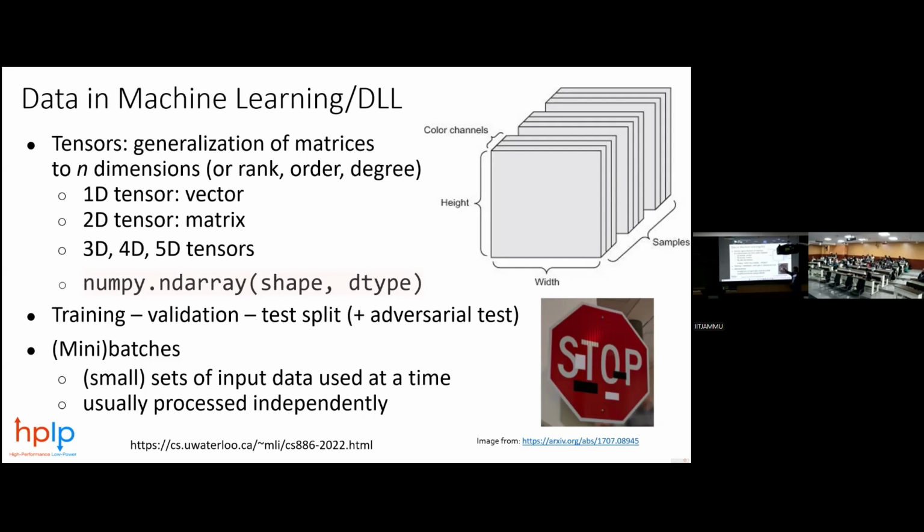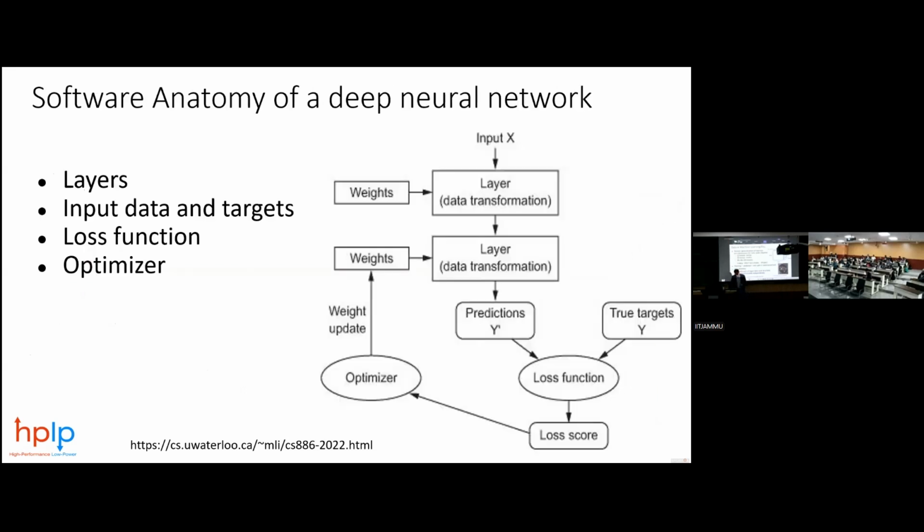Some networks can get really bad at recognizing, for example, a stop sign, which for us as humans is very easy to still see. There's also this concept of batches, which is basically about efficiency. You don't want to train just one at a time. You do it in batches. That allows the GPUs to work in parallel.